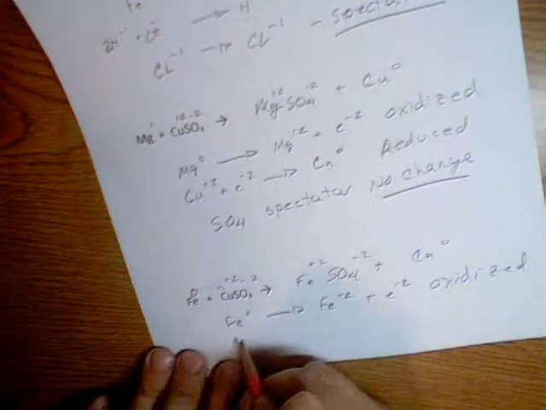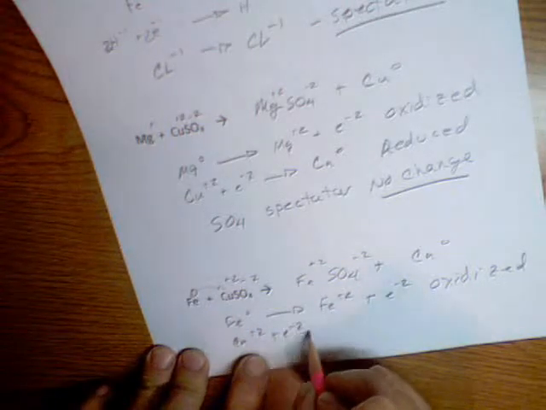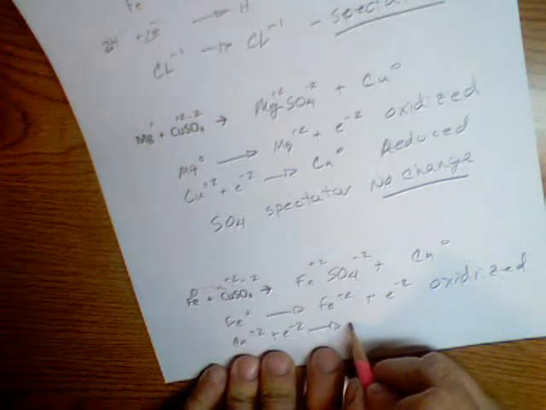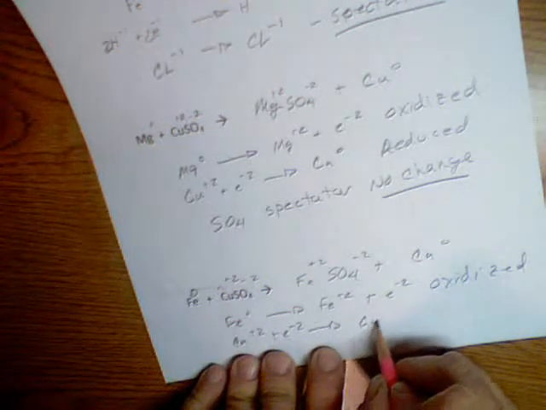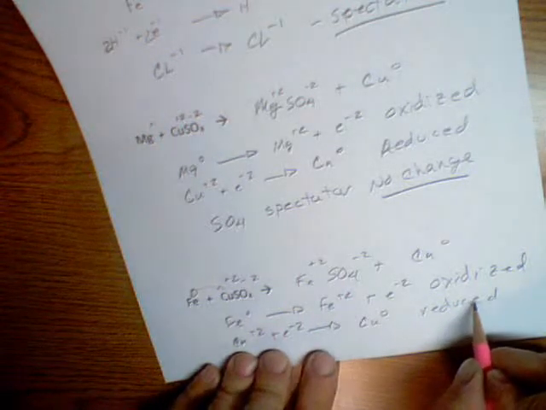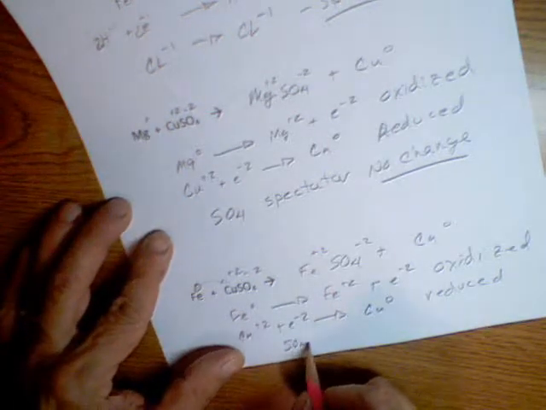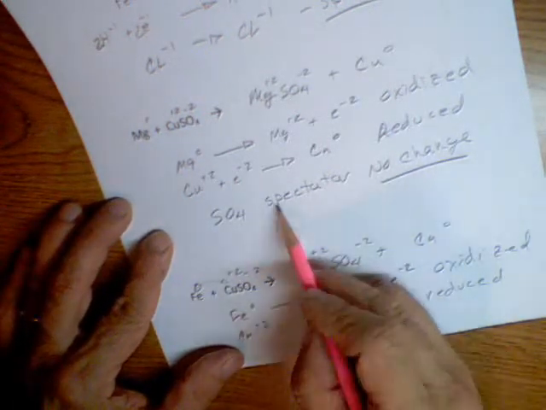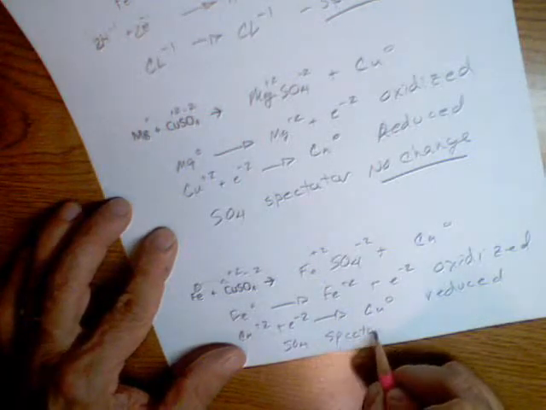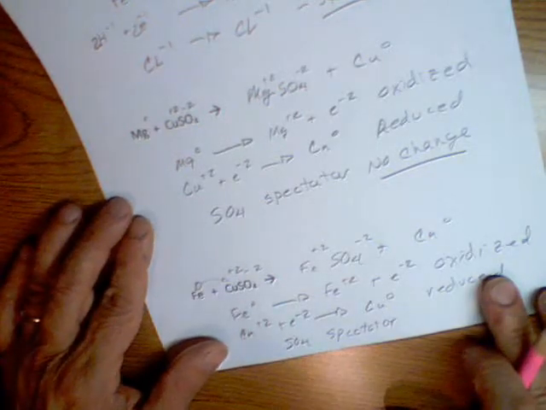And the copper would have gained electrons, and so it's reduced. And then SO4, just as I explained up here, is a spectator. It's a spectator because it's unchanged.